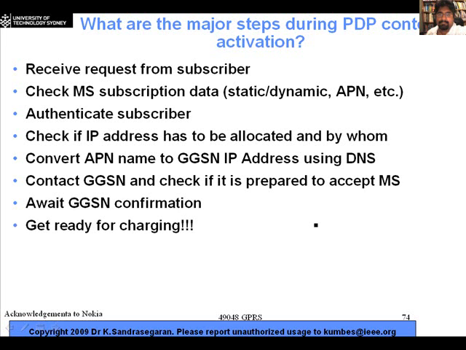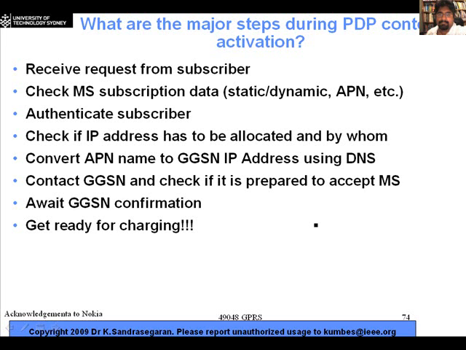Once that is done, the GGSN says, okay, that's fine, this is the IP address that the subscriber has to use, and then it sends that IP address to the subscriber, and that's the point at which packets from the user can go out to the external network.